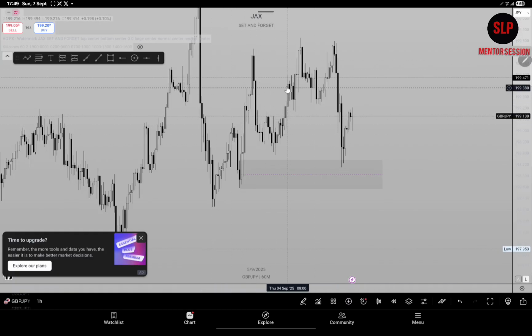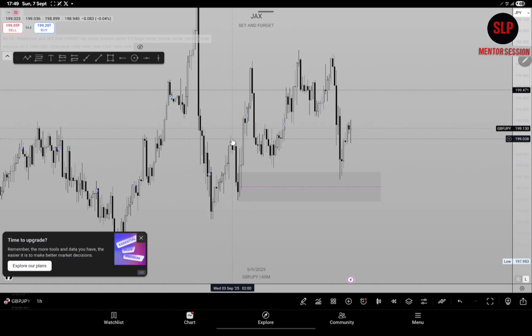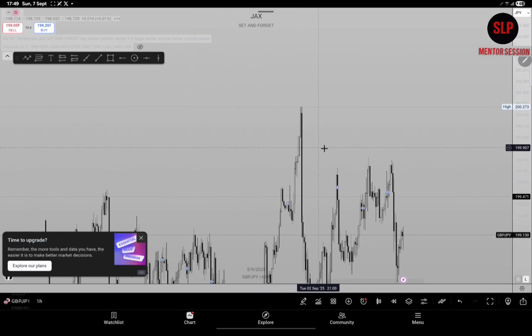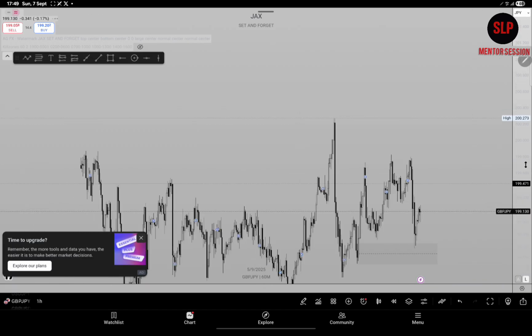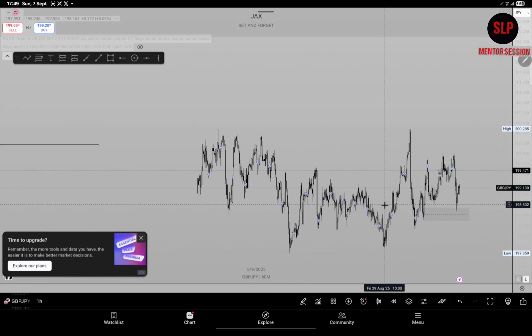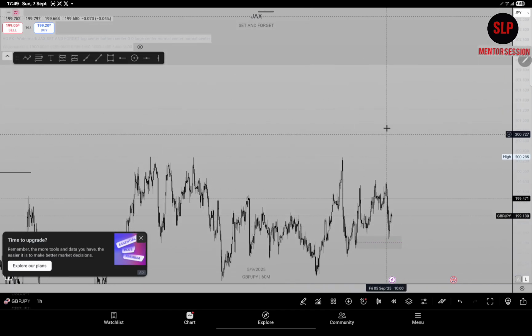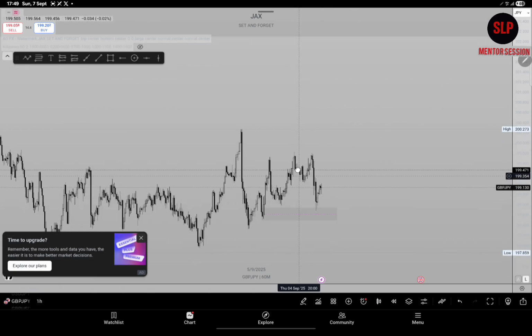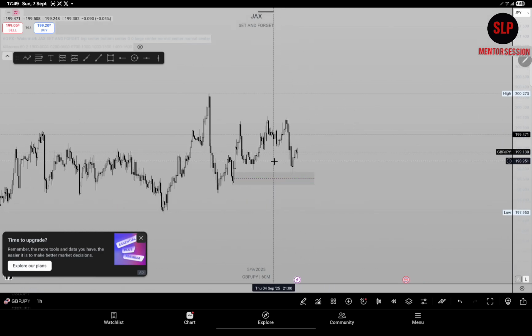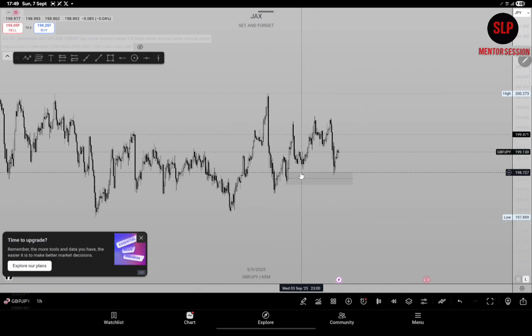The point of interest also broke structure, or triggered the shift in market structure. This is valid, and you can see that the first target we'll be targeting will be this high.